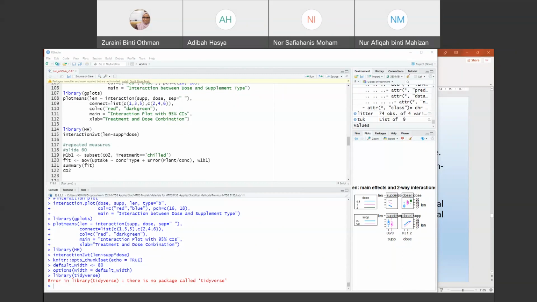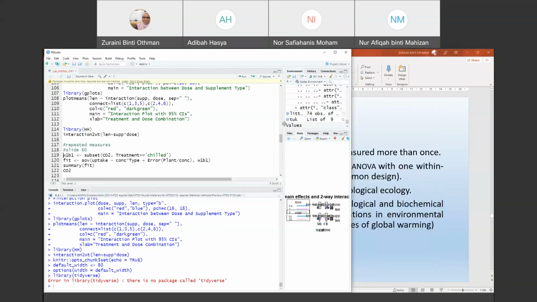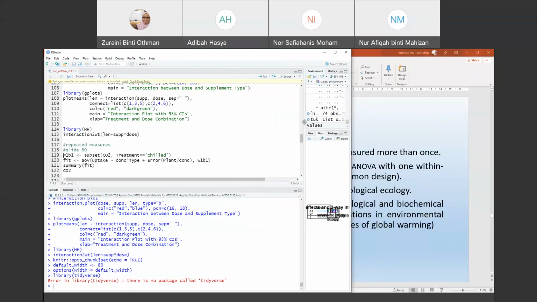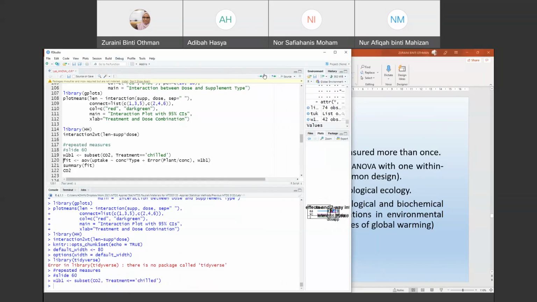Okay, yang ni pun dataset ni dia tak perlu read mana-mana. Tapi macam tadi saya cakap, if we want to read from our data, we can use the previous notes, which is we have to read the data, right? Then we run this. Ni dataset ni dah ada.